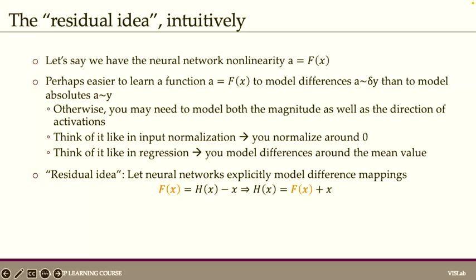What this neural network is learning, therefore, is simply h minus x. So this is the delta that I talked about. We can call this delta, or we can call it the residual. It's simply learning, given that I'm getting this additional input added, what's the difference that I need to learn?